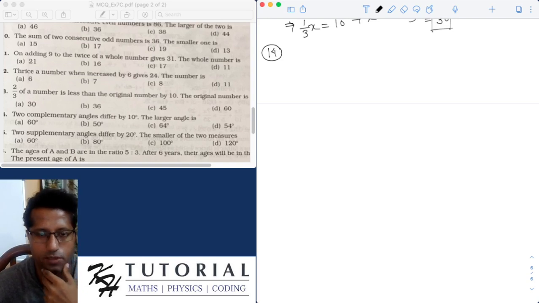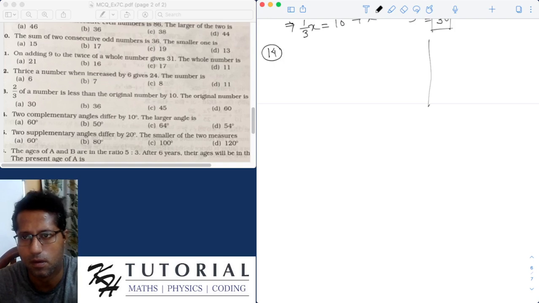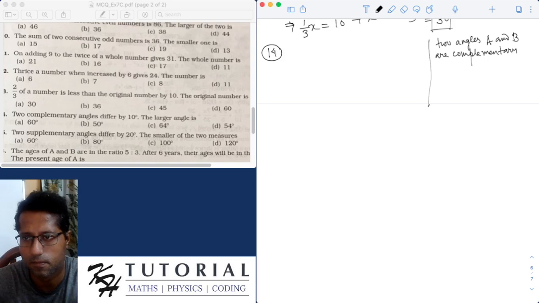I don't have good knowledge about trigonometry, but as far as I remember, two angles A and B are complementary if A plus B is 90 degrees.